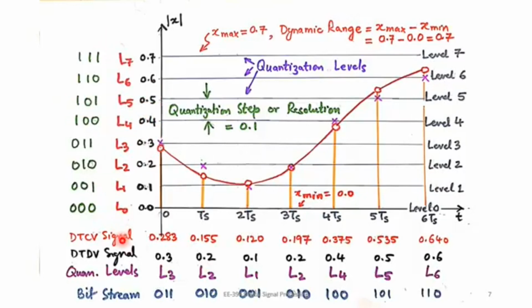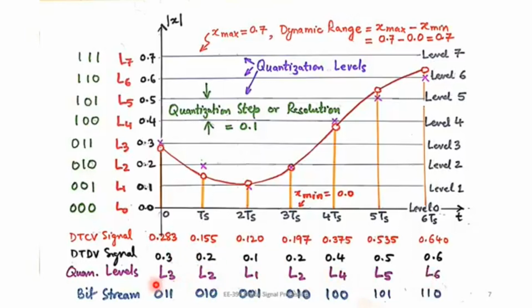Once the quantization is done, which is to convert a discrete time continuous valued signal into a discrete time discrete valued signal, we have to convert these into a bit stream, which is called the coding process. So the first sample is 0.3. We look at that, okay, this is level 3, so we call it level 3. 0.2 is called level 2. 0.1 is called level 1. 0.2 is called level 2, and so on.